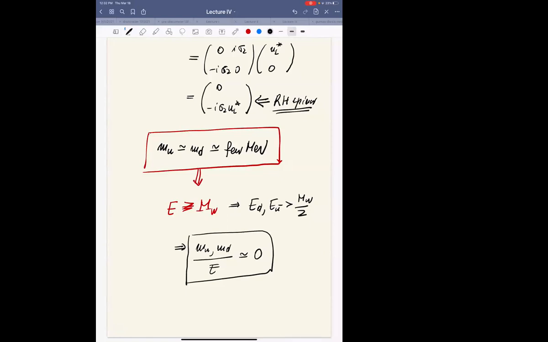In the limit of very high energies, this is why chirality and helicity become very useful concepts in particle physics, because we do high energy experiments. What do I mean by high energy? I mean energy much bigger than the masses of the particles involved. At the LHC, which is 14 TeV, we are far above any of the standard model particle masses.